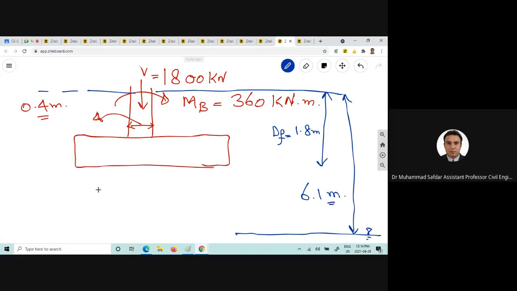What else? Friction angle is equal to 36 degree for the soil, and C, the cohesion, is 220 kilopascal. The unit weight you can use 18 kilonewton per cubic meter.